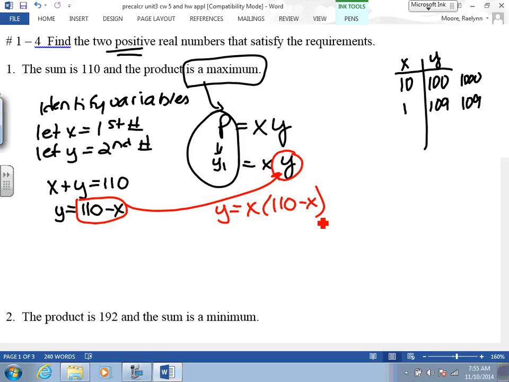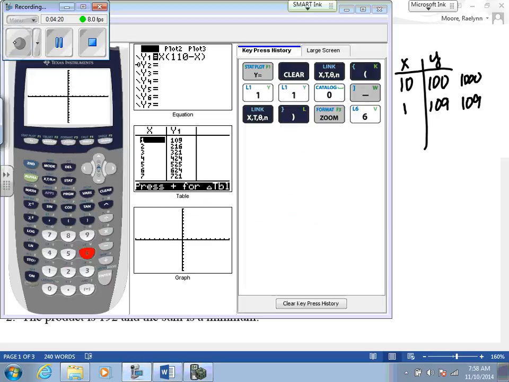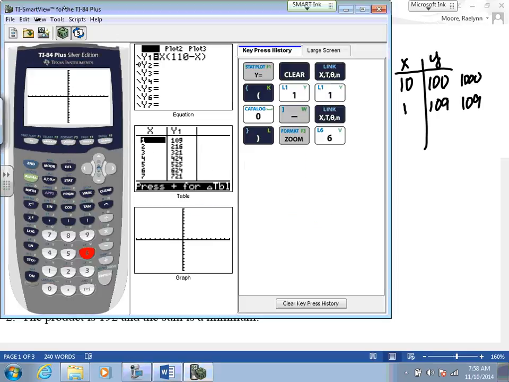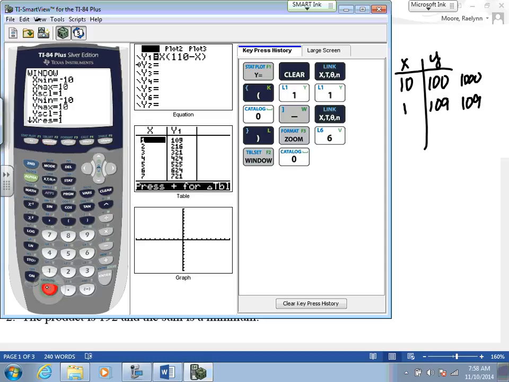So does everybody have a calculator handy? A good way to start, guys, and you're going to have to work with me here, is go to your window and start your x-min at 0 and start your y-min at 0.